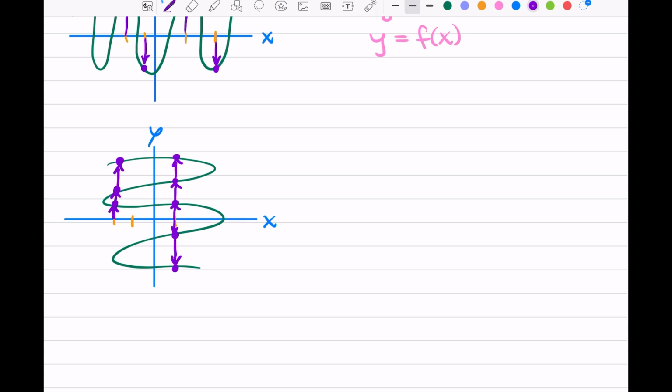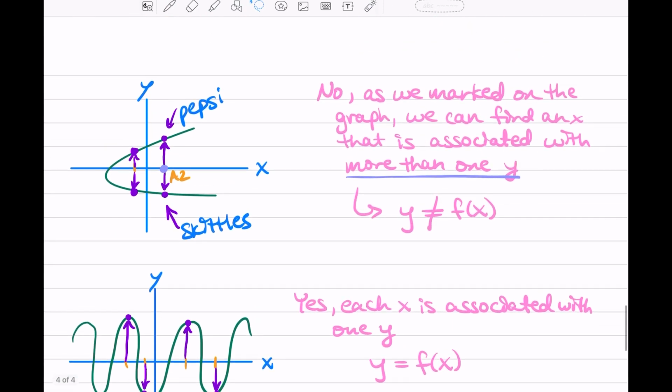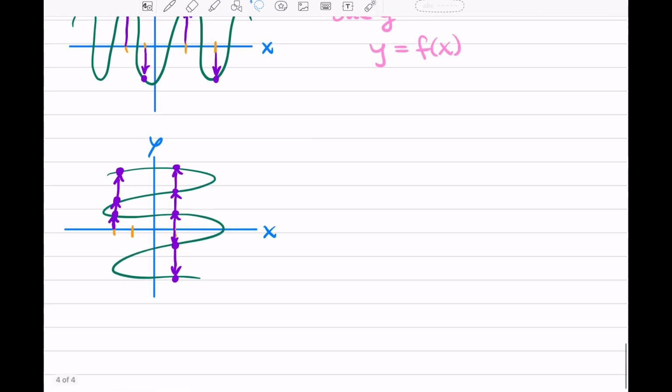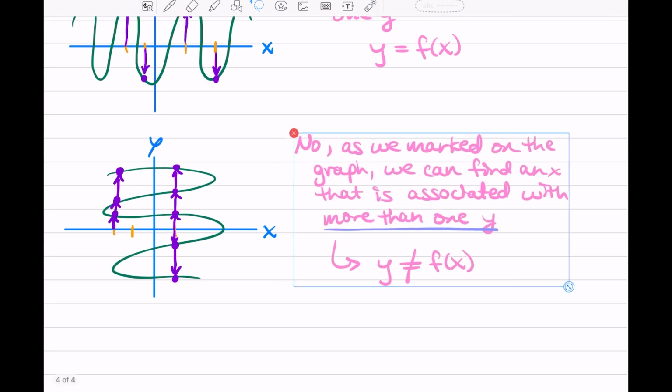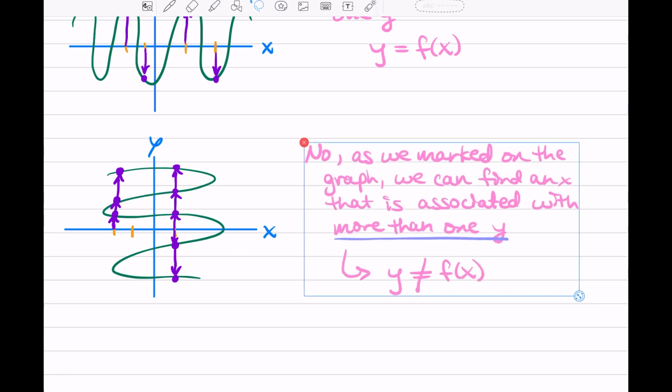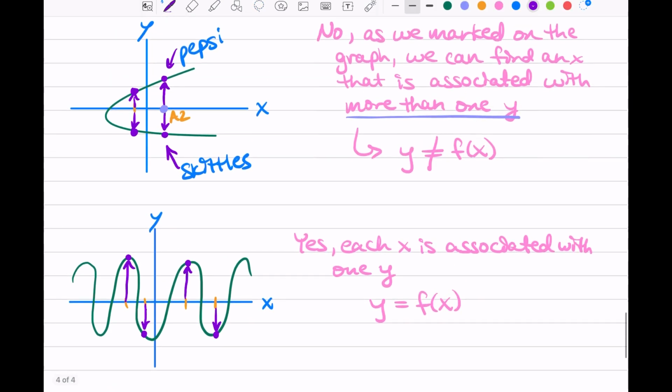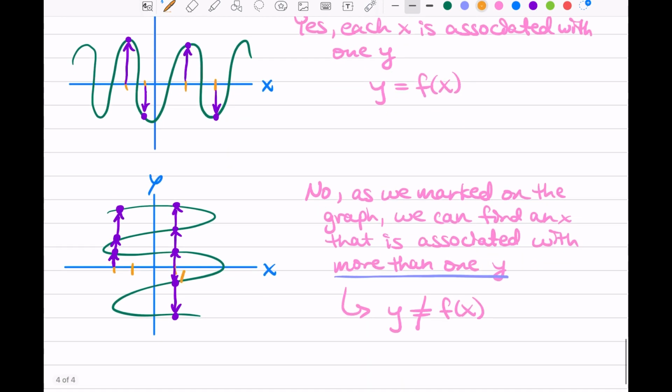So we can say our same thing, our no from up here. We can say the exact same thing. As we marked on the graph, we can find an X that is associated with more than one Y. We have an X here, and similar with our Pepsi and Skittles idea, we punched an A2 on our vending machine, and what happened?